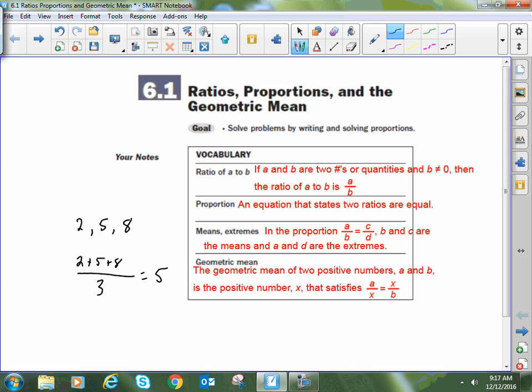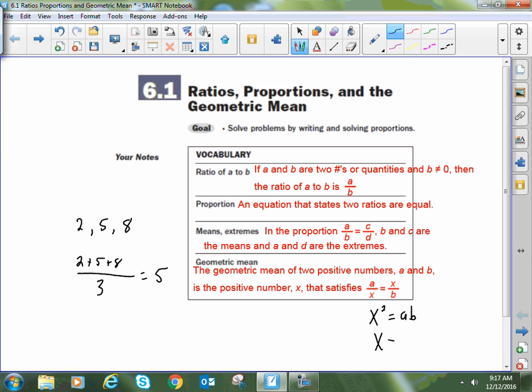Now the geometric mean is a different type of mean than an arithmetic mean. We're going to be taking the products of things, and to find the actual geometric mean, I'm going to take the root of however many products that I have. So for instance here, the geometric mean, and we'll explain this in a little bit further detail, we're going to say x times x, which will give me x squared, is equal to a times b.